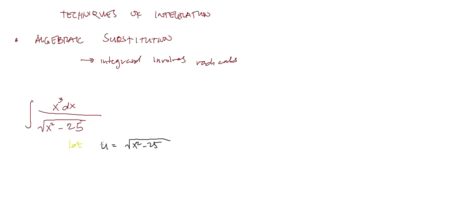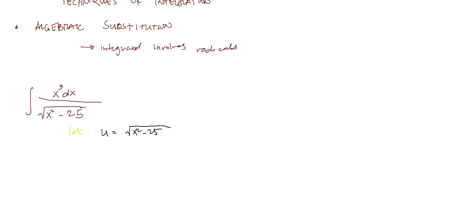So we let u equal the square root of x squared minus 25, and then we will try to simplify this in order to completely replace the variable x in terms of u. Let us square both sides.